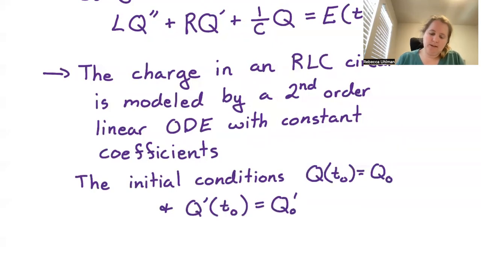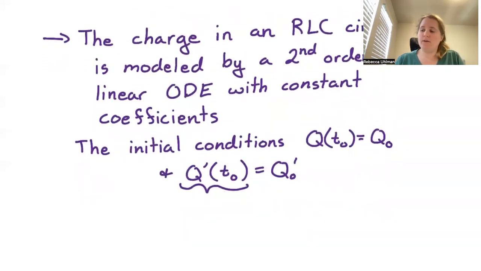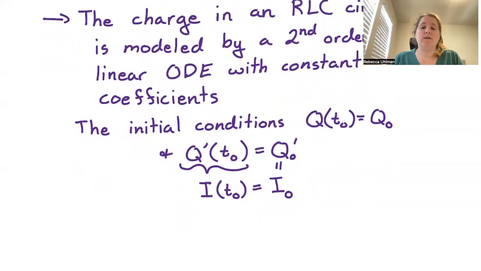This Q prime of t naught is actually simply our current, since Q prime was equal to I. So this is just I of t naught, and we often just write this as I naught for our initial current.